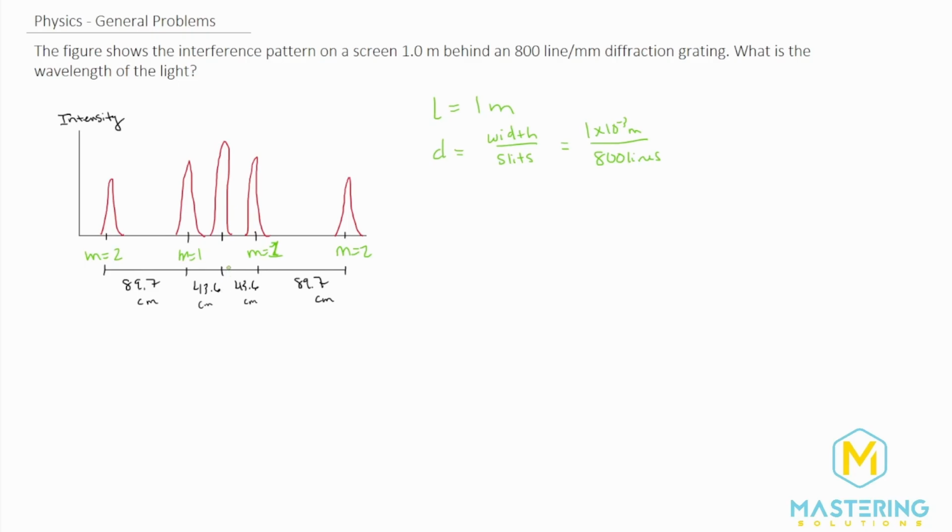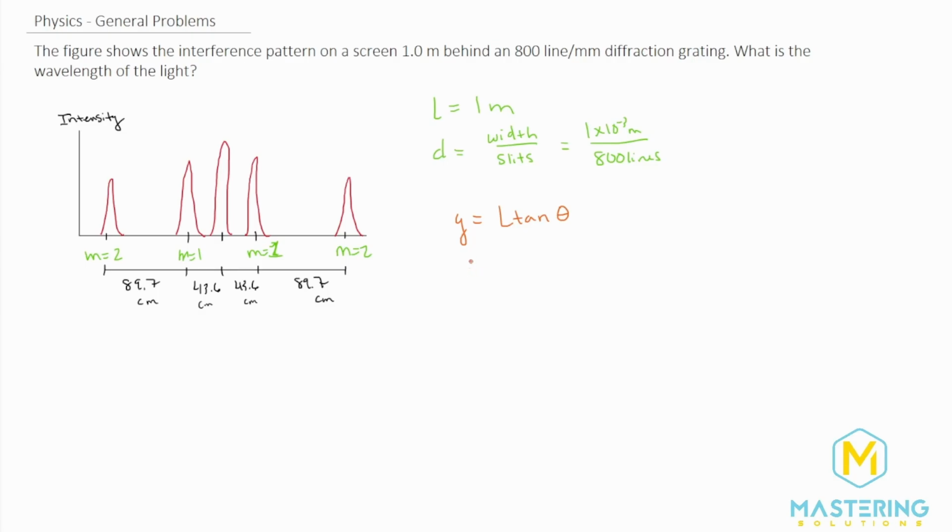To figure out the wavelength of light, it's a very similar process to what we've done in the past few questions. We'll use the equation y equals L times the tangent of theta, but we have to figure out what theta is, and it's not given. In a lot of the other problems, we would start by using sine of theta equals m lambda over d.